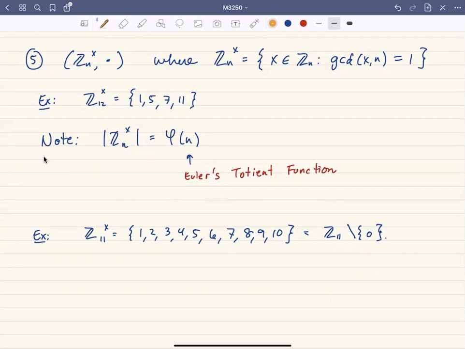The other integers from 0 to 11 that are relatively prime with 12 are just 1, 5, 7, and 11. So it turns out that there are 4 of them.